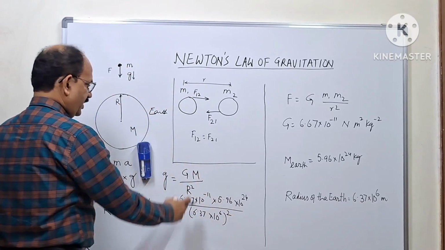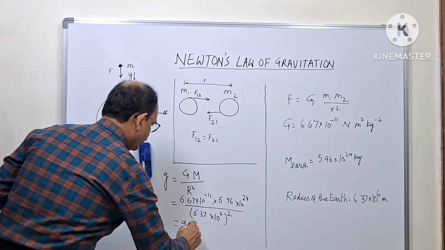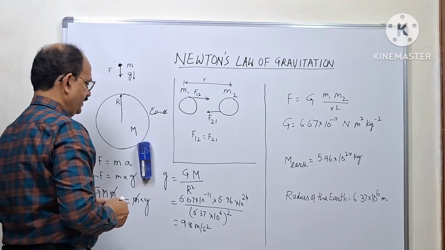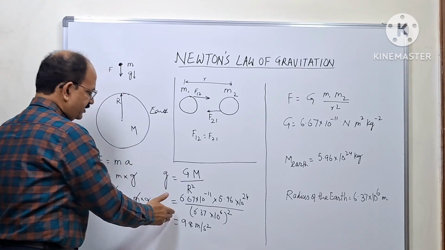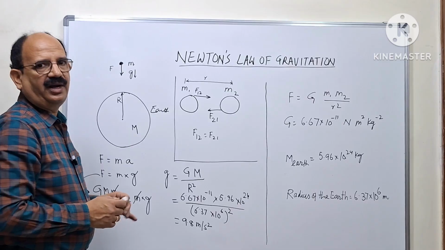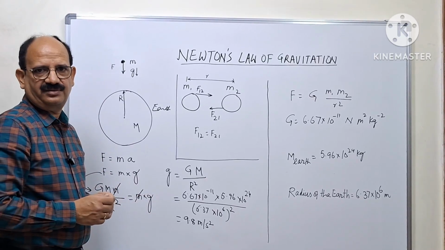If you do all the calculations, you will get 9.8 meter per second square. So this is how the acceleration due to gravity near Earth comes to 9.8 meter per second square, and the genesis of that is in Newton's law of gravitation.